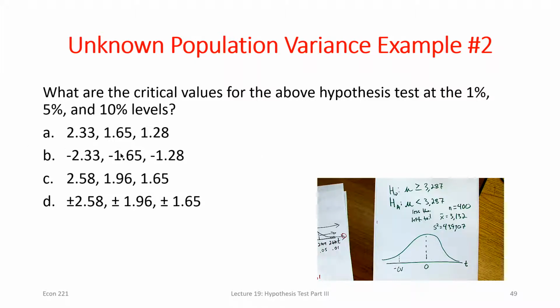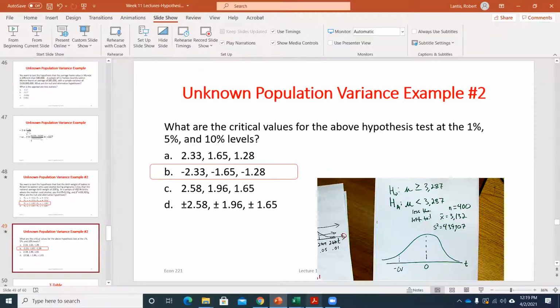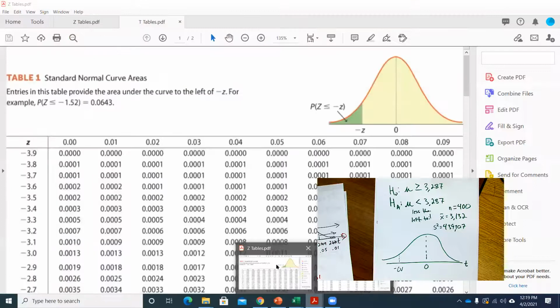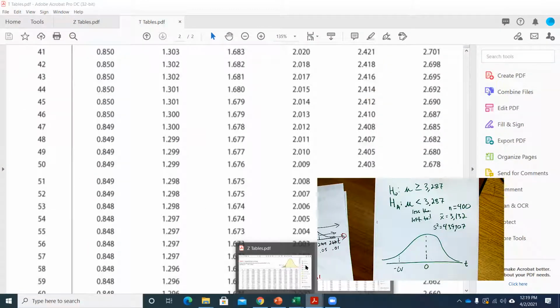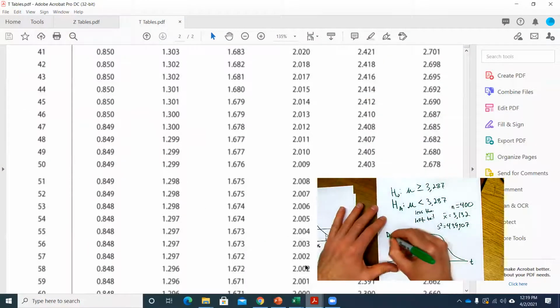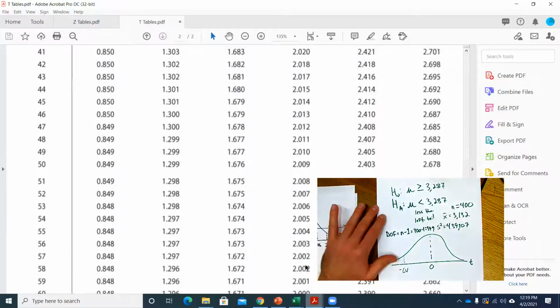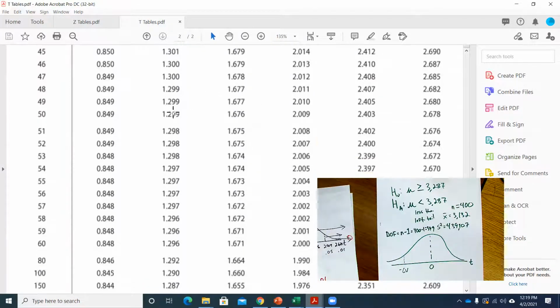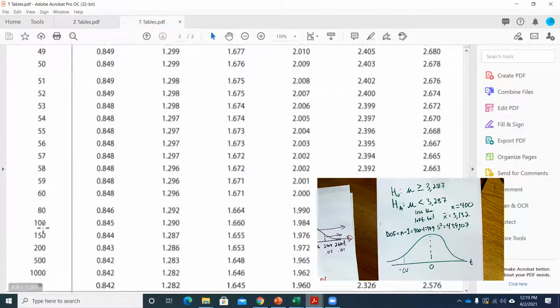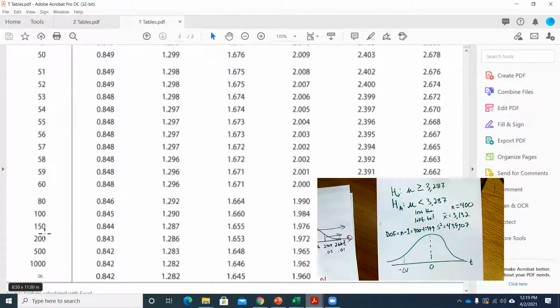These look similar to standard normal distribution values, but that's because if I think about what my degrees of freedom are here, well, that's just n minus 1. So 400 minus 1, or 399. So if I look here, notice once we get past 100, we start making big jumps in this table because otherwise this table would be way too long.